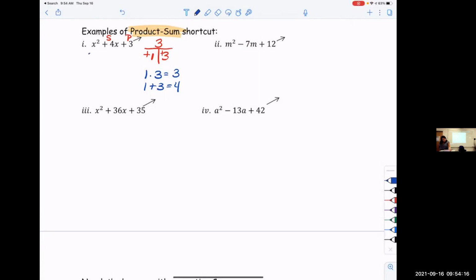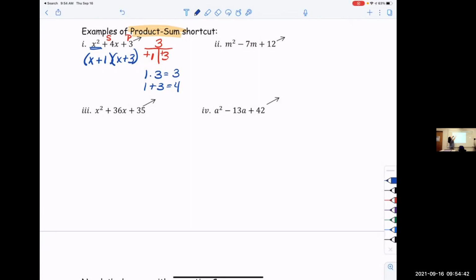So I'm going to put my parentheses. That's an x squared, so I'm going to split it. I put the positive 1 in one parenthesis and the positive 3 in the other. It doesn't matter which parenthesis gets the 1 and which one gets the 3. And that is factored. All there is to it. Now, how do you know you did it correctly? FOIL. First: x times x, x squared.